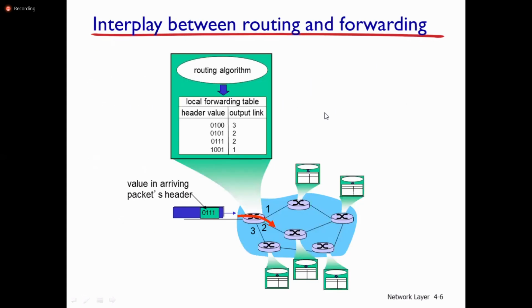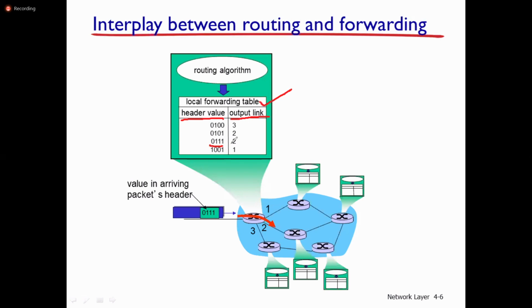If you look at the interplay between routing and forwarding, initially there are routing algorithms, then a local forwarding table with header value and output link. Based on the header value, the router has to decide to which output port the data is forwarded. In this scenario, this is one header value, address 0311.